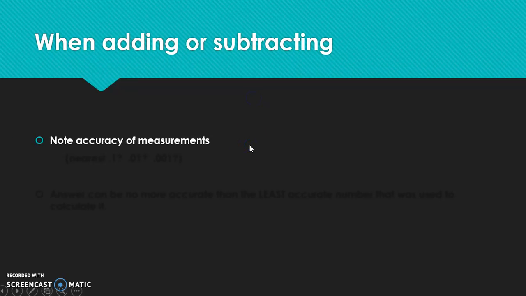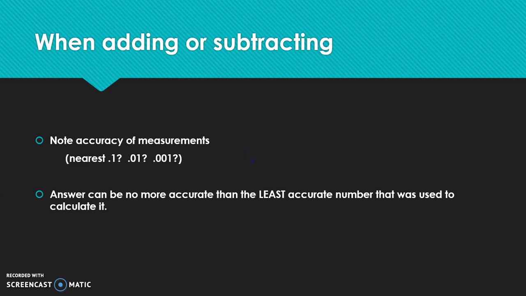Remember that when adding or subtracting, you're going to have to note the accuracy of the measurements. So that means that you're looking to see how accurate that measurement is. Is it 0.1, 0.01, or 0.001? Which one is the most accurate? Another way to think about it is which one measures to the smallest amount? So the most accurate in this case would be 0.001.